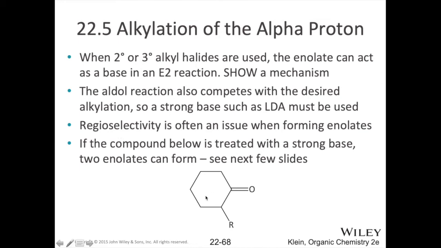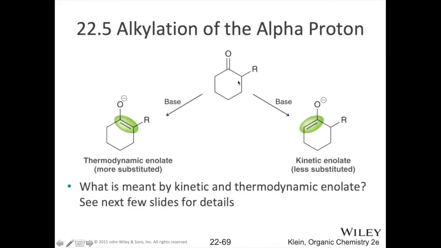So let's look at an example here. Let's say we have a ketone that already has a substitution on one of those carbons, right? So here we have an alkyl group present on this carbon. What's going to happen when we treat this with LDA? Well, we could deprotonate the carbon on the right, and so the resulting enolate we'd make would have partial double bond character over here on this side.